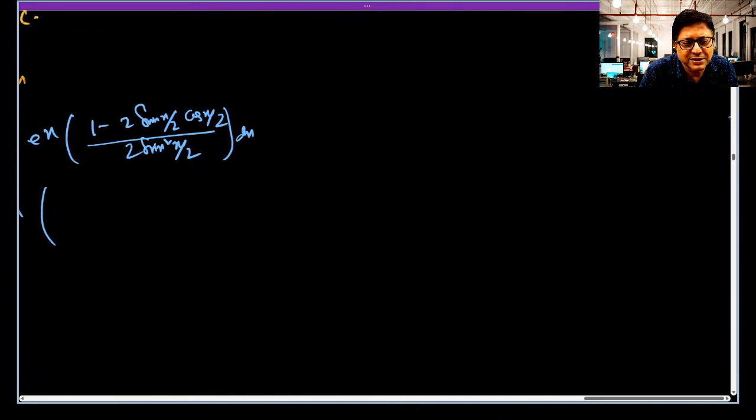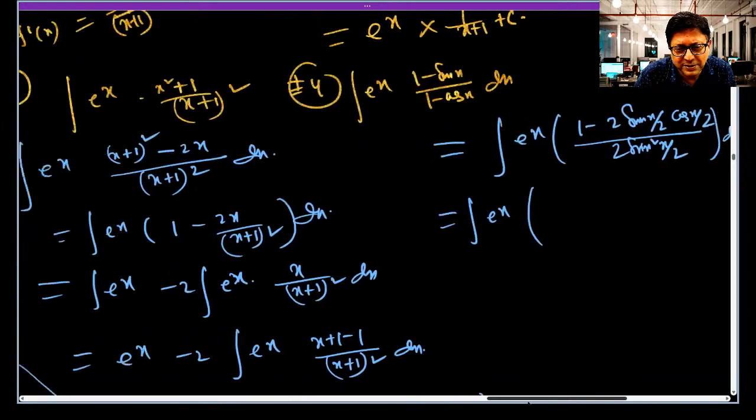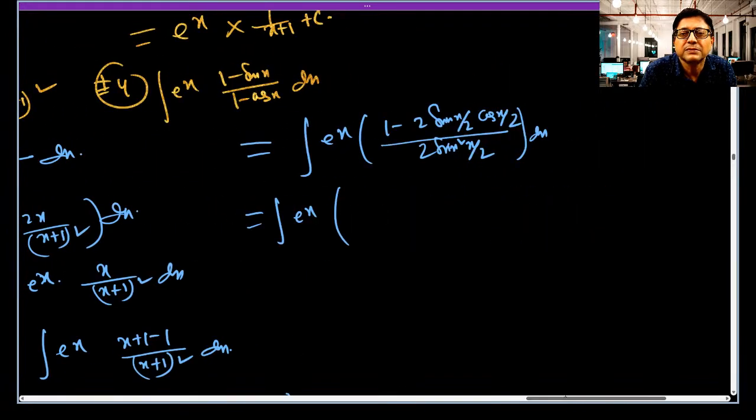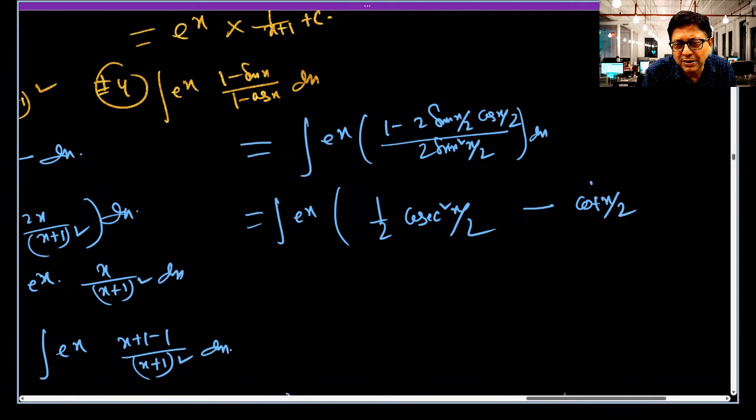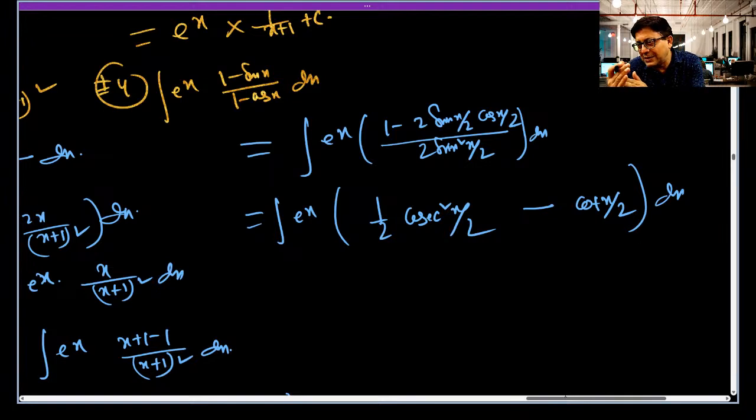Now this by this, just separate. This divided by this, half cosec square x by 2 minus cot x by 2 dx. Am I correct? Have I done correctly? Yes, just separation, nothing else. So to apply that e to the power x (f(x) plus f'(x)) form, we just detect that part.